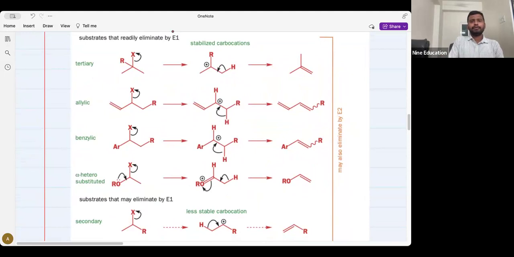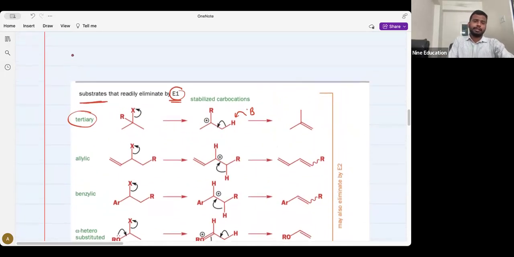These examples are for E1 elimination. E1 मतलब आपको alkyl halide पहले remove करना है, you have to make carbocation, then this base will come and will take the hydrogen and will make the double bond, है ना। So if I have tertiary, this is the effect of substrate on E1 reactions.